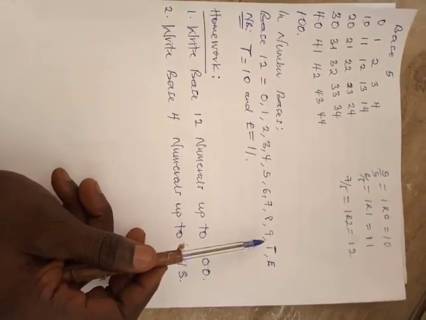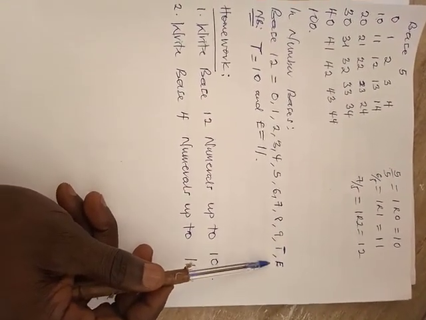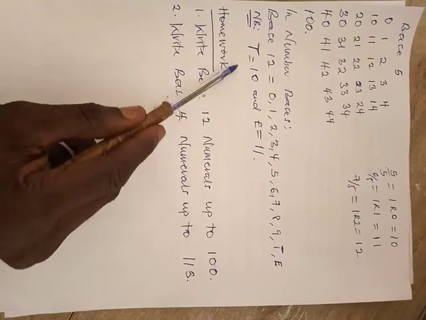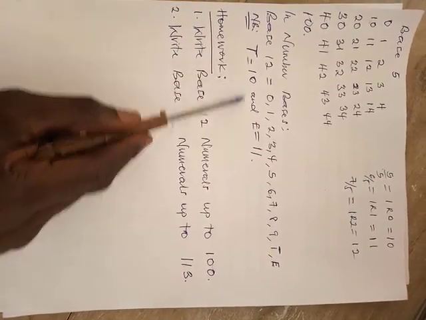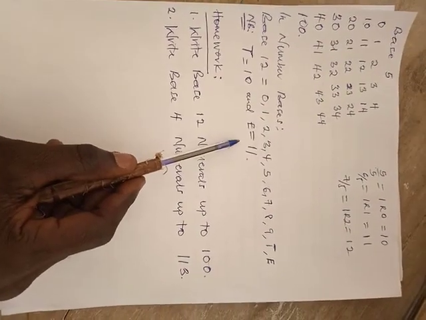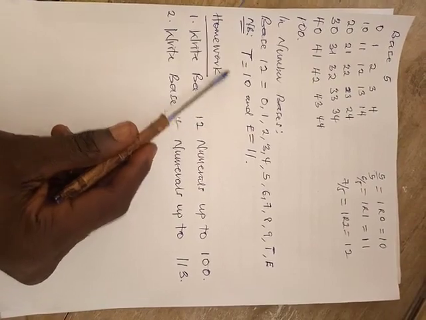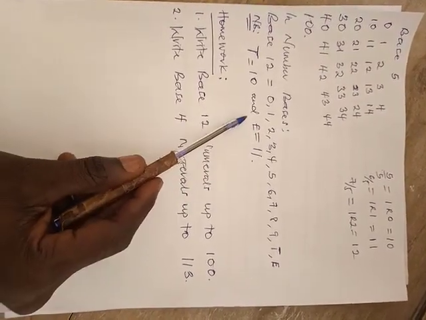This is 10, but instead of 10, write T. Instead of 11, write E. So T is 10 and E is 11. So in number bases, we represent 10 with T and 11 with E.